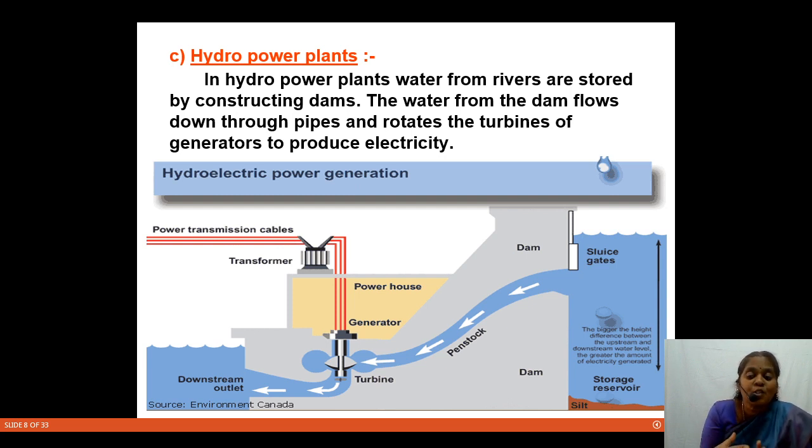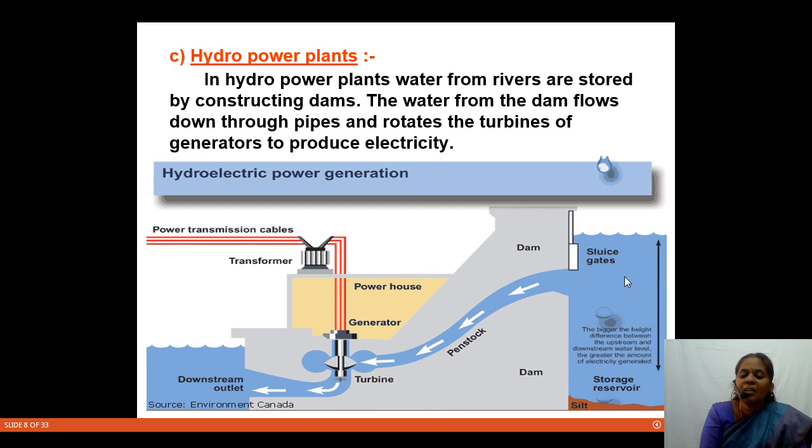Actually, the turbine has to rotate, which is connected to the generator. How do we rotate the turbine? A person cannot sit and rotate the turbine, it is impossible. In a thermal power plant, high pressure steam rotates the turbine, but in a hydro power plant, flowing water, moving water, will rotate the turbine. Here one diagram is given, you can see children. This is a dam, water reservoir.